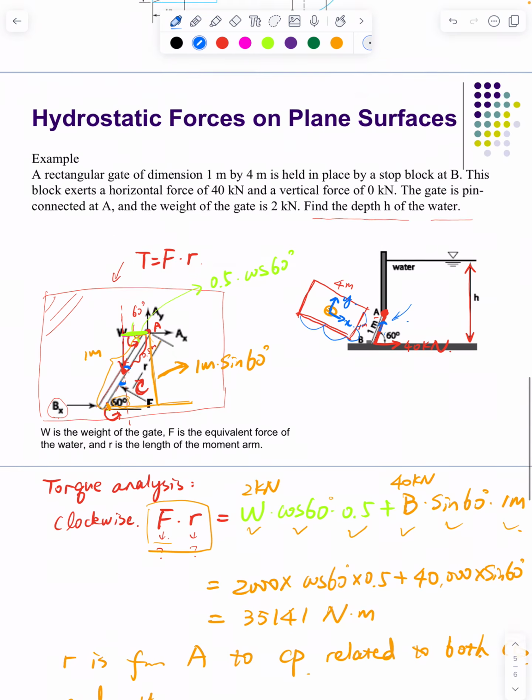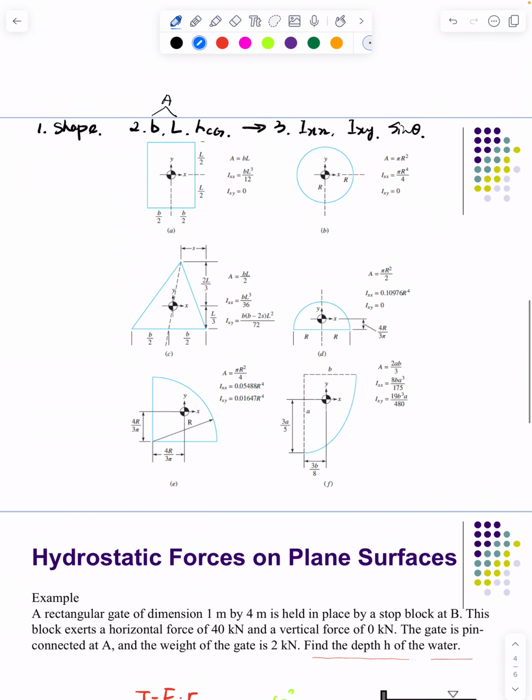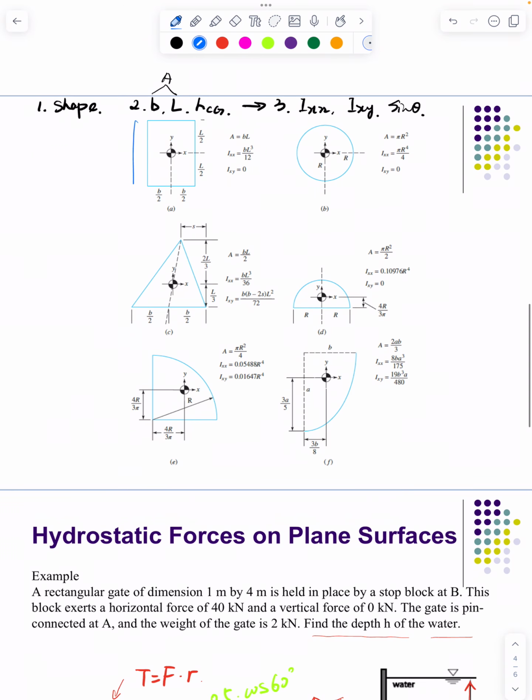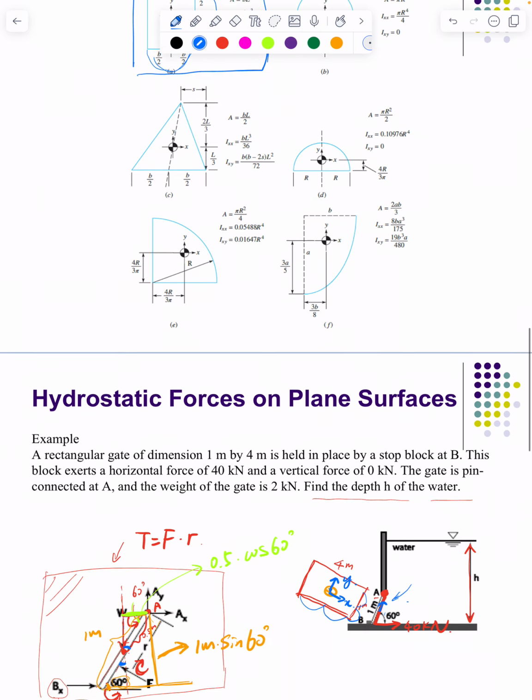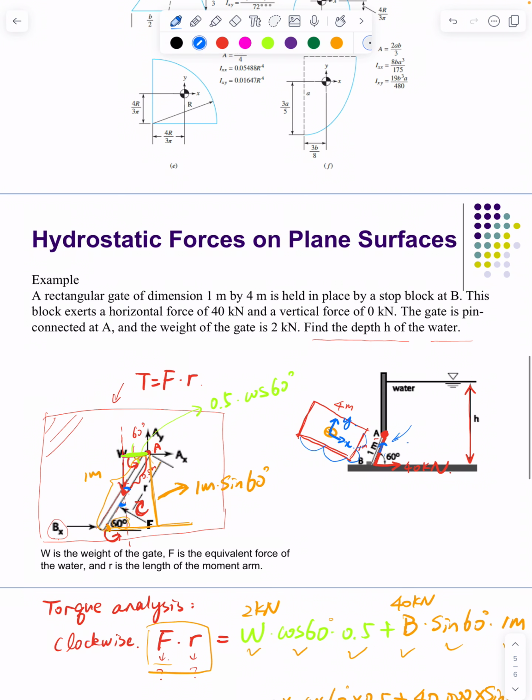And in the original settings, we were given how to calculate IXX and IXY based on B and L. Based on the drawing here, your B should be perpendicular to Y or parallel to your X, and your L should be perpendicular to your X or parallel to your Y. So it's pretty straightforward.